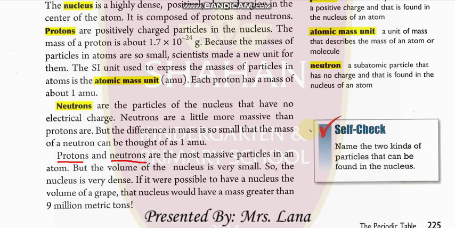Now the self-check. Name 2 kinds of particles that can be found in the nucleus. Number 1 is a proton.